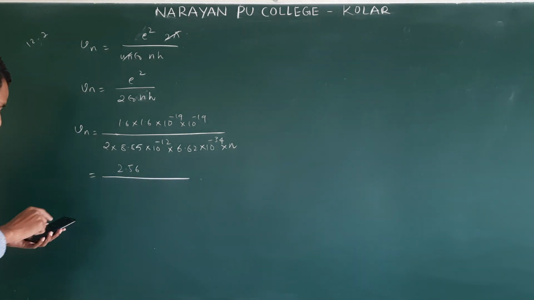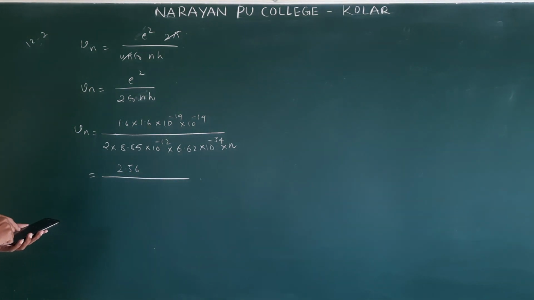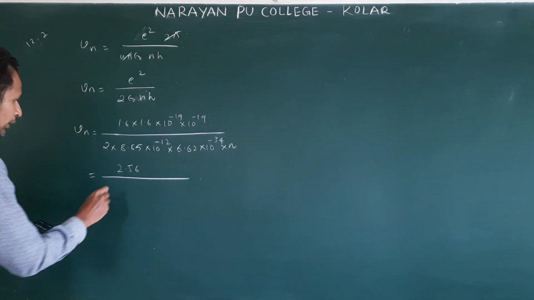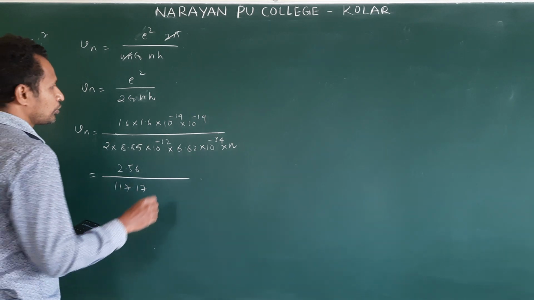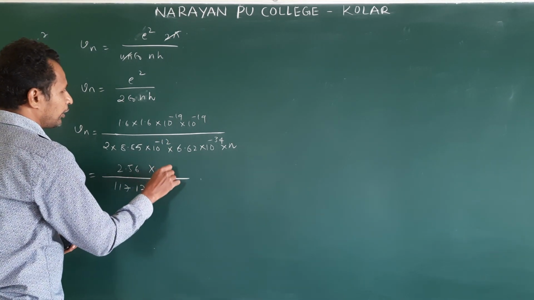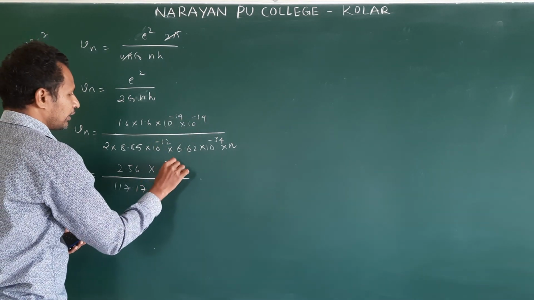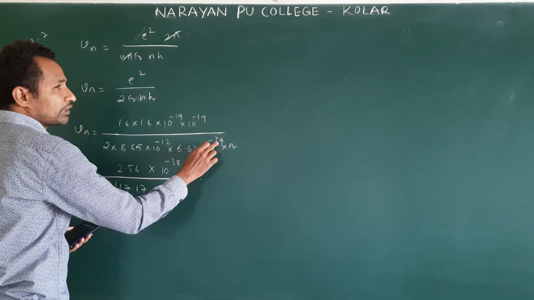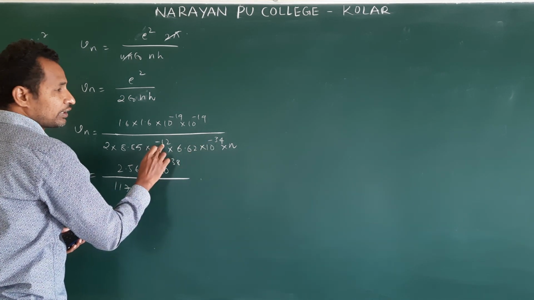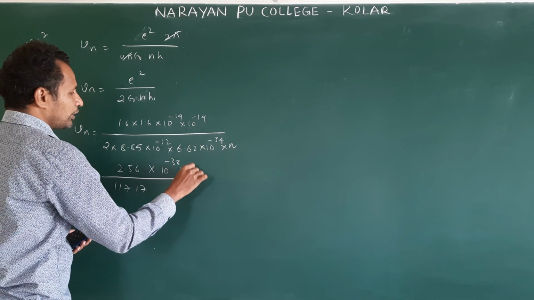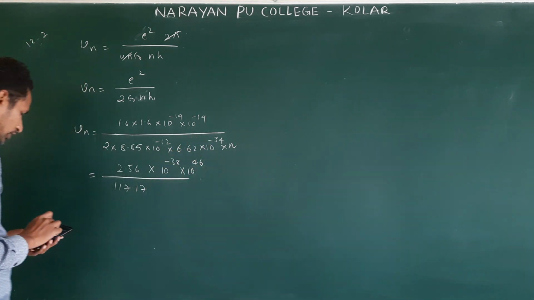So this is 2 into 8.85 into 6.62, which is 117.17. So this is 10 power minus 38, minus 34, minus 12, which comes to plus 46.